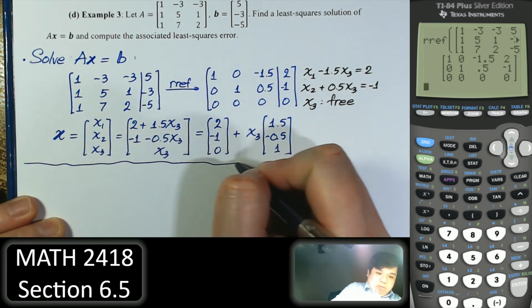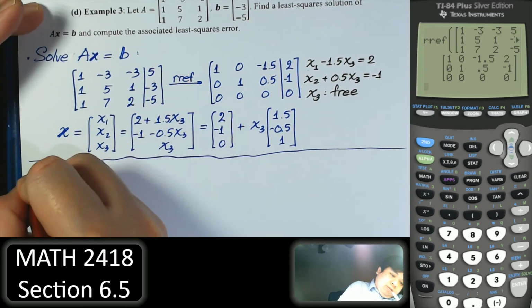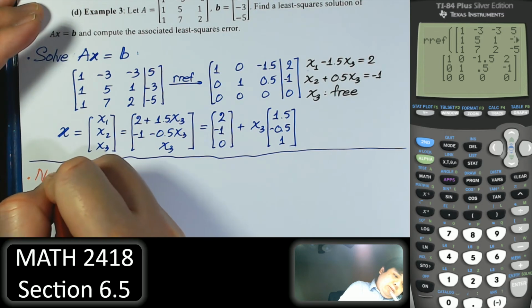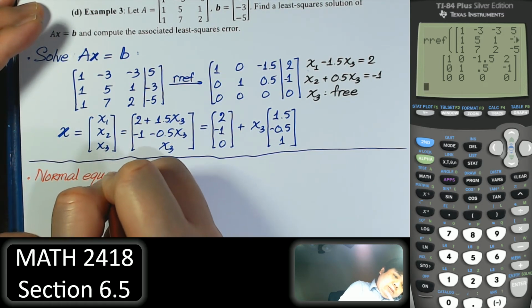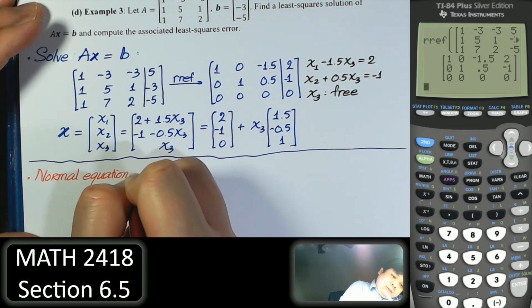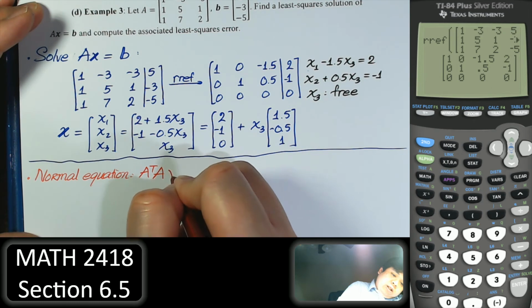Now let's solve using the normal equation. Just multiply the transpose on both sides.